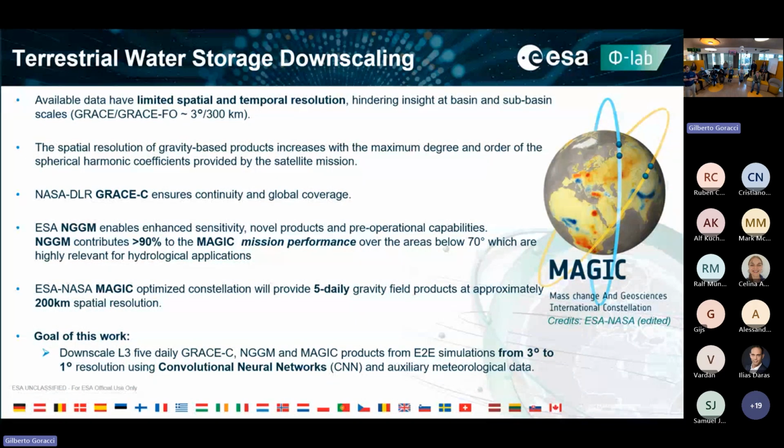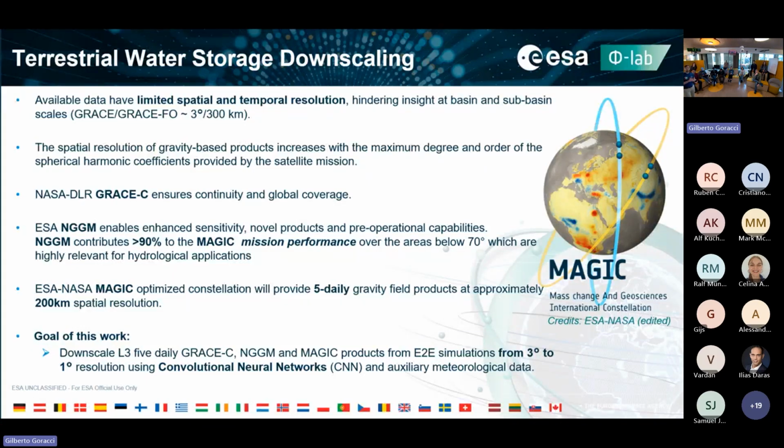Now, with the new constellation, things will hopefully change, because the NASA DLR GRACE-C will ensure continuity and global coverage. So we hopefully won't have data gaps from GRACE and GRACE continuity. But the main contribution will be provided by the NGGM pair, which will contribute to more than 90% of the mission performance over the areas below 70 degrees.